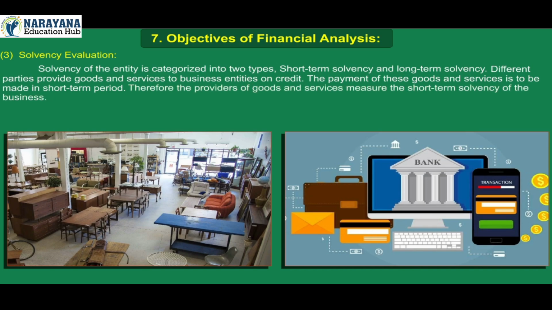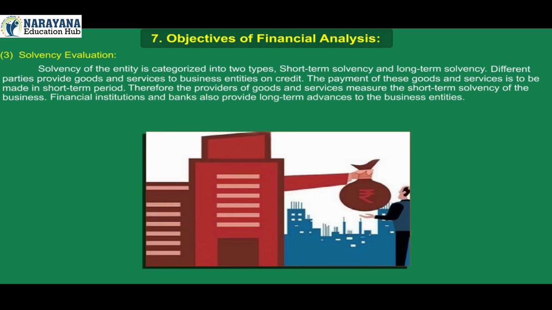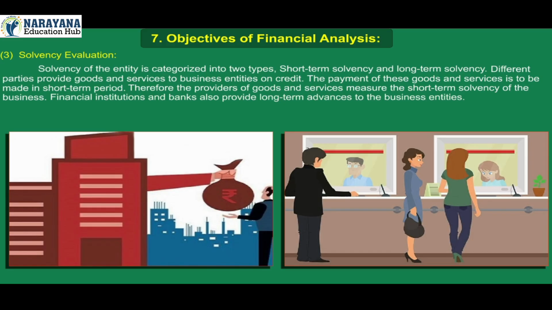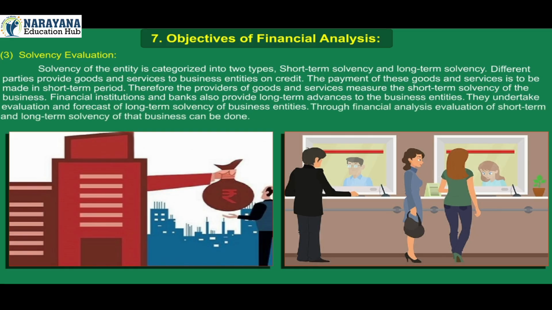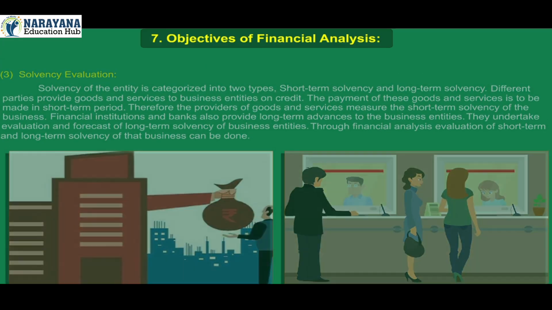Therefore, the providers of goods and services measure the short-term solvency of the business. Financial institutions and banks also provide long-term advances to the business entities. They undertake evaluation and forecast of long-term solvency of business entities. Through financial analysis, evaluation of short-term and long-term solvency of that business can be done.